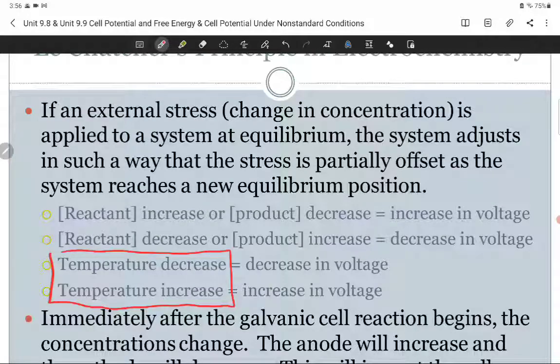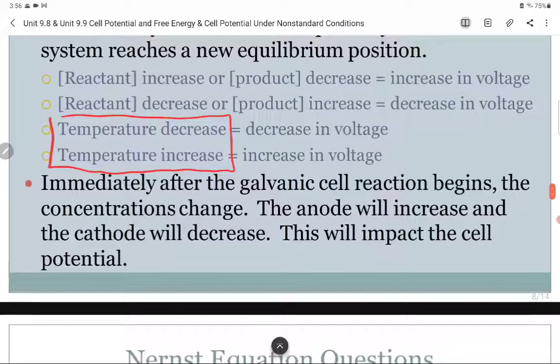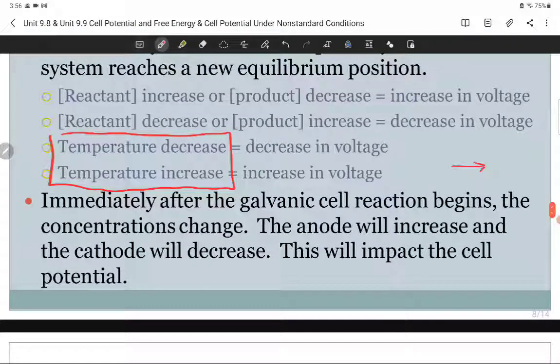Problems with batteries are how they're stored, how the chemicals are situated in there. It's dangerous to increase the temperature of your battery. This is an interesting point here. As soon as the reaction starts, the reactant molarities will go down in concentration, and the product molarities will go up in concentration.